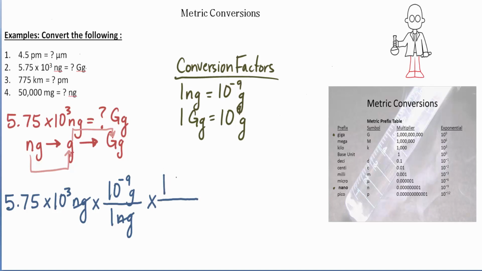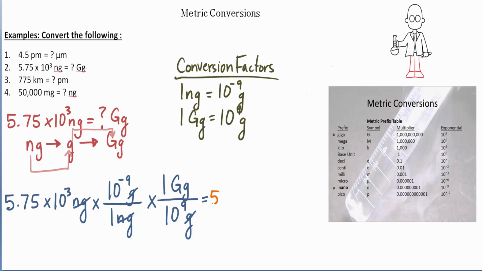In 1 gigagram, which is the unit that we're trying to obtain, we have 10 to the 9th grams. Unit of grams cancel.